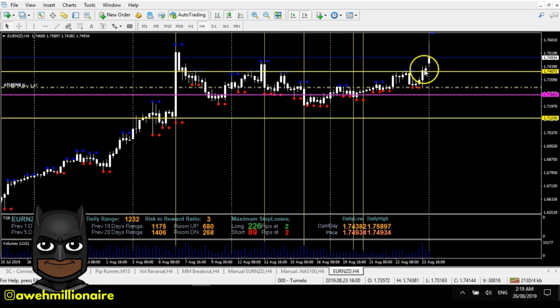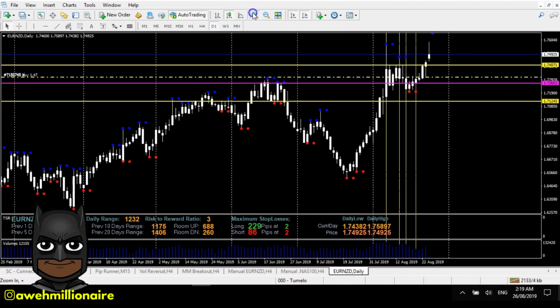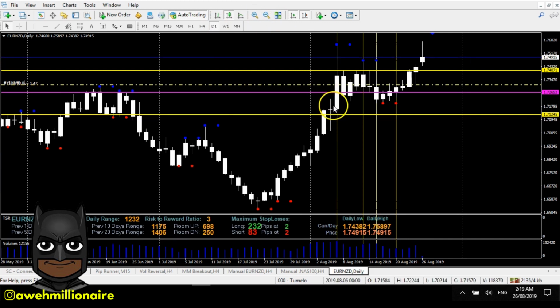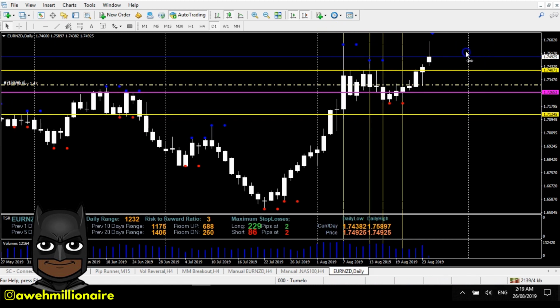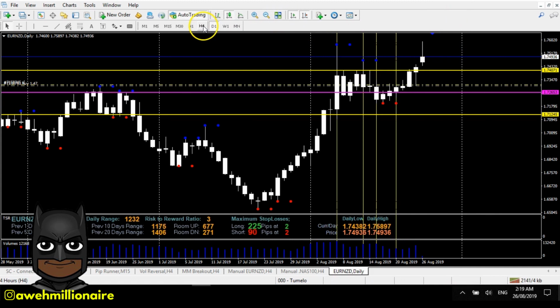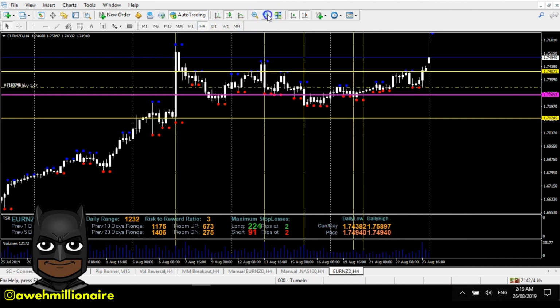Now, although I was very aware of the supply zone, you always want to take into consideration the bigger perspective, because price broke resistance and retested it, with the anticipation that price is going to continue to go up. But always keep an eye on the supply zone, because we all know that supply and demand zones are where the smart money is participating.